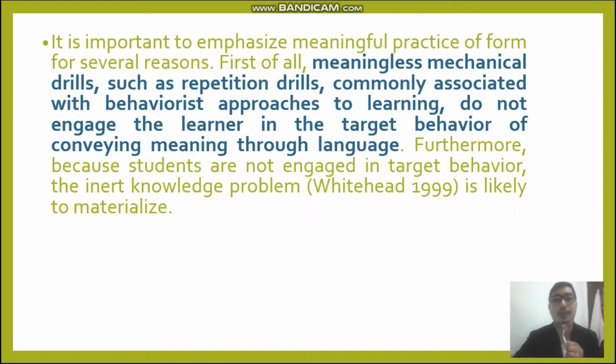They do not engage the learner in the target behavior of conveying meaning through language. Furthermore, because students are not engaged in target behavior, the inert knowledge problem is likely to materialize. So there will be problems in terms of inert knowledge, and a deeper understanding of the lessons.